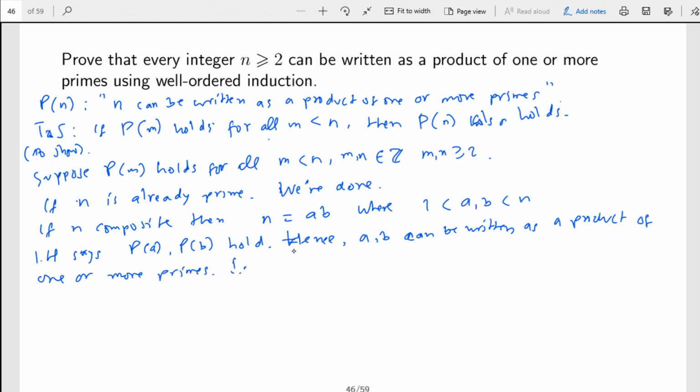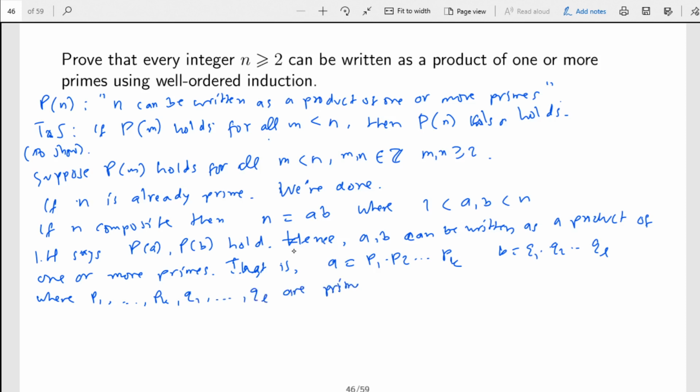That is, a is equal to p1 times p2 times so on times pk, and b is q1 times q2 times up to ql, where p1 up to pk and q1 up to ql are primes, and k and l are greater than or equal to 1.